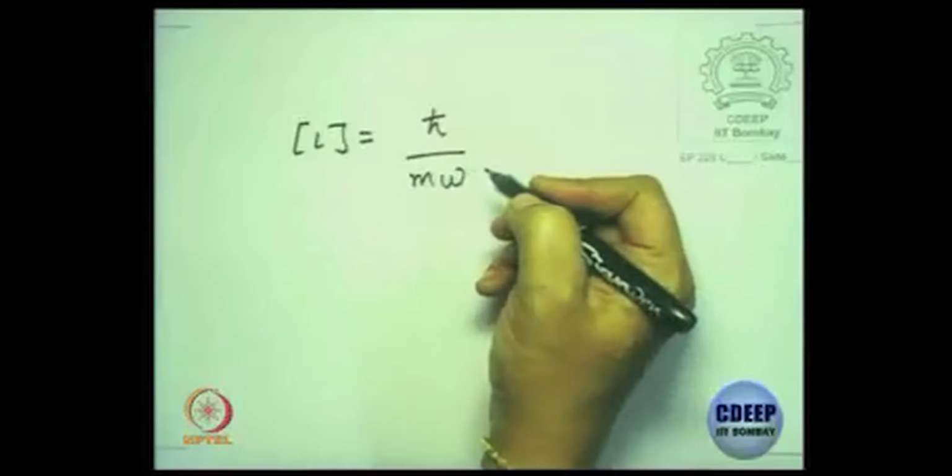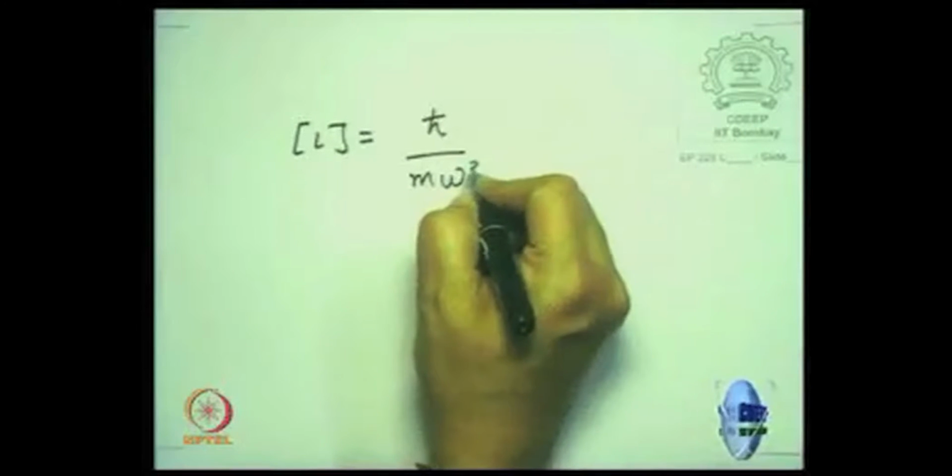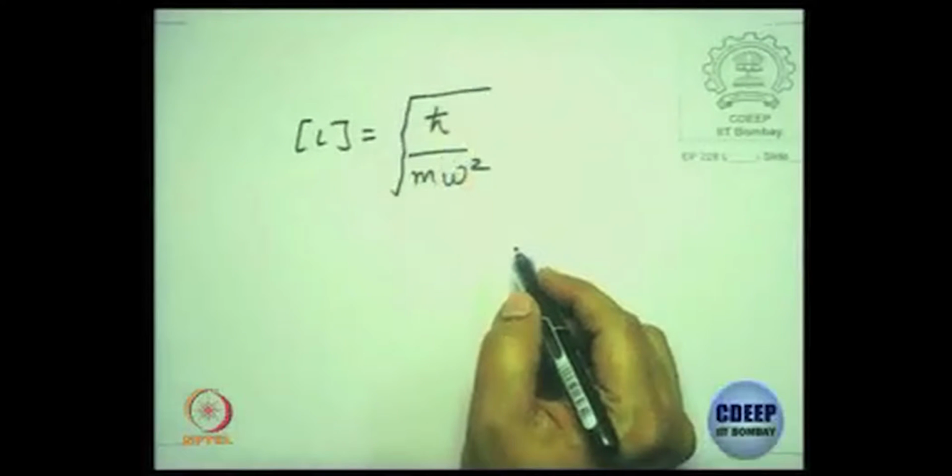H bar by m omega, square root of that. Is that correct? m omega squared or m omega?